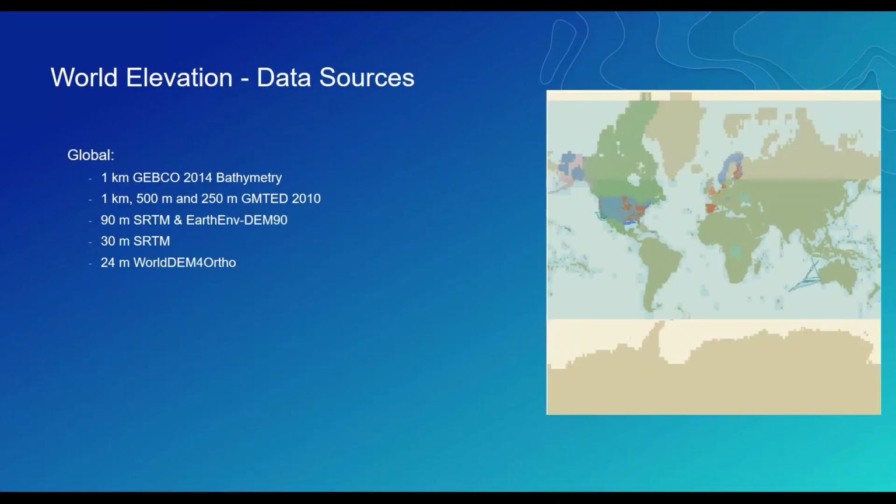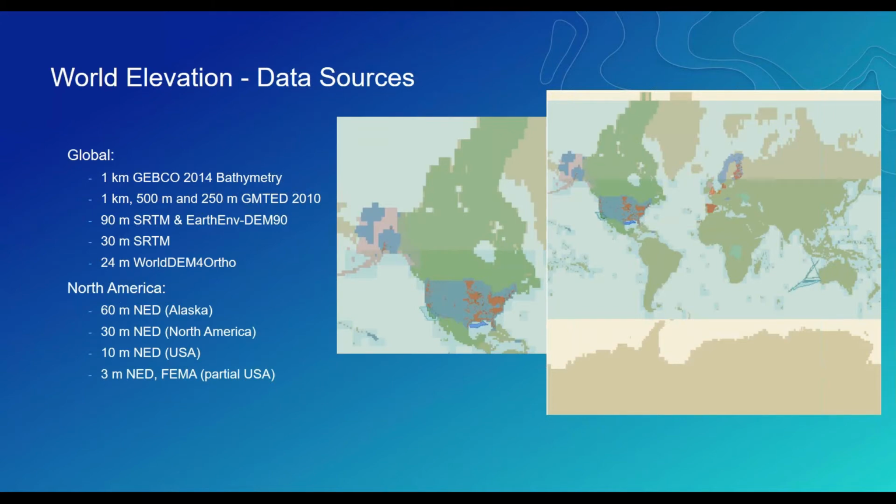Elevation services are comprised, as I mentioned, of multiple data sources and resolutions. At global scales, we have 1 kilometer from JEPCO, then GMTED, which ranges from 1 kilometer to 250 meter, and we also have 90 and 30 meter SRTM, which goes from North 60 to South 60. And now we included WorldDEM4Ortho from Airbus, which covers all the land mass at 24 meter. By default, WorldDEM takes priority over SRTM in rendering results.